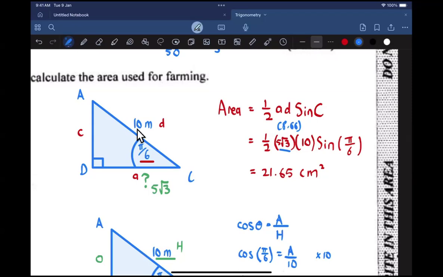Yeah, the answer wouldn't change if you use 8.66. It wouldn't change. Try it, Nicholas. A half by 8.66 by 10 sine pi over 6. A half by 8.66 by 10.